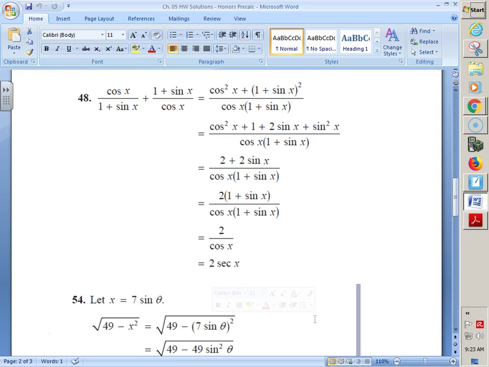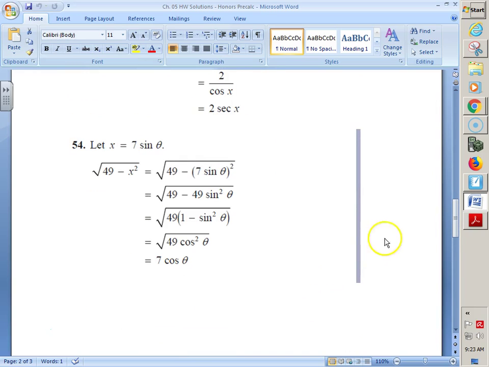Number 54 was a substitution. And it was a lot like the one we did in class. P.S. There's one of these on the test. You might want a special highlighter that you have just in case I give you hints. Anyway, plug and chug. 7 sine becomes 49 sine squared of theta.